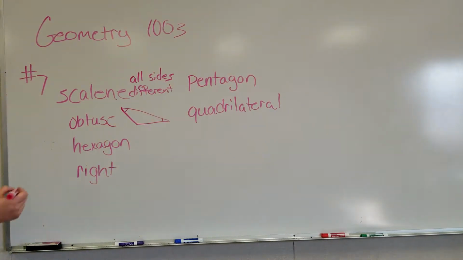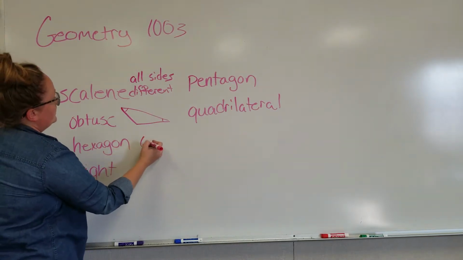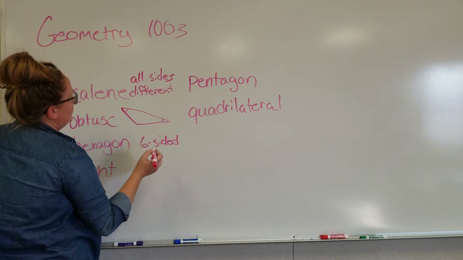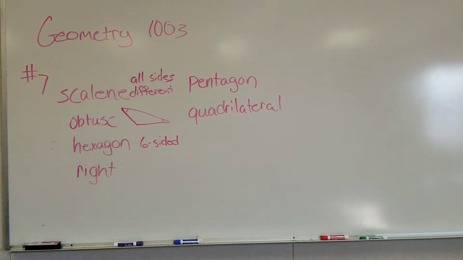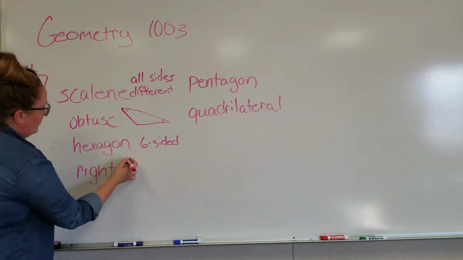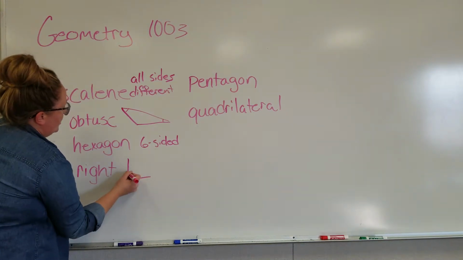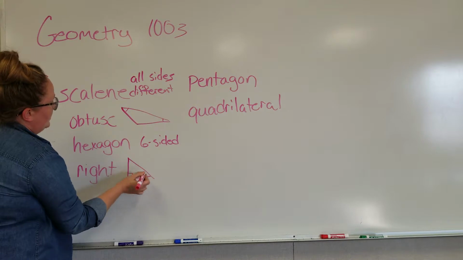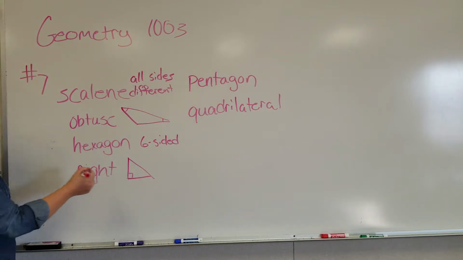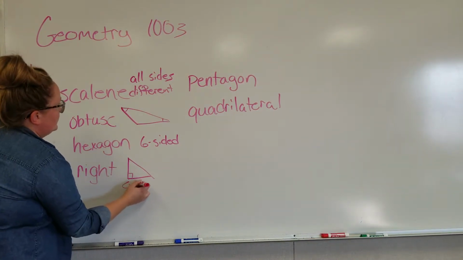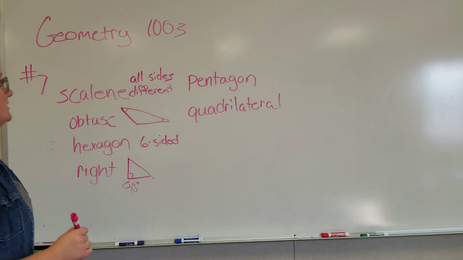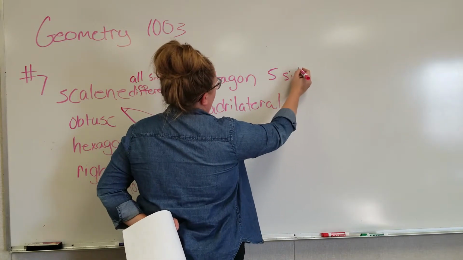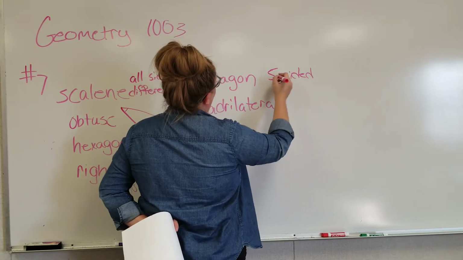Hexagon. A hexagon is a 6-sided polygon. So look for a polygon with 6 sides. A right triangle. So a right triangle is formed by perpendicular lines. It's always set off by one of these squares in the corner. That lets you know this is a right triangle. It equals 90 degrees. A pentagon has 5 sides. A 5-sided polygon.